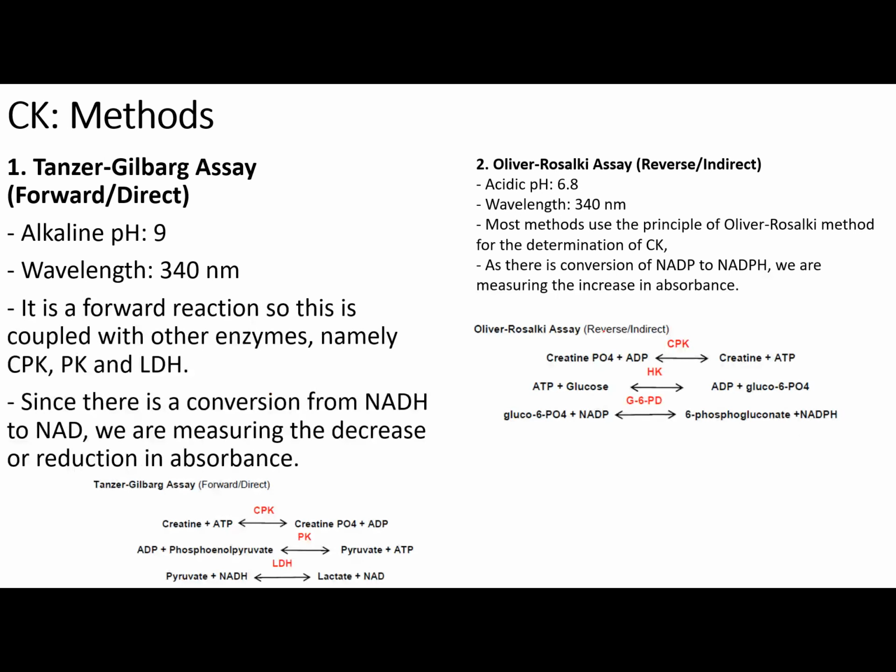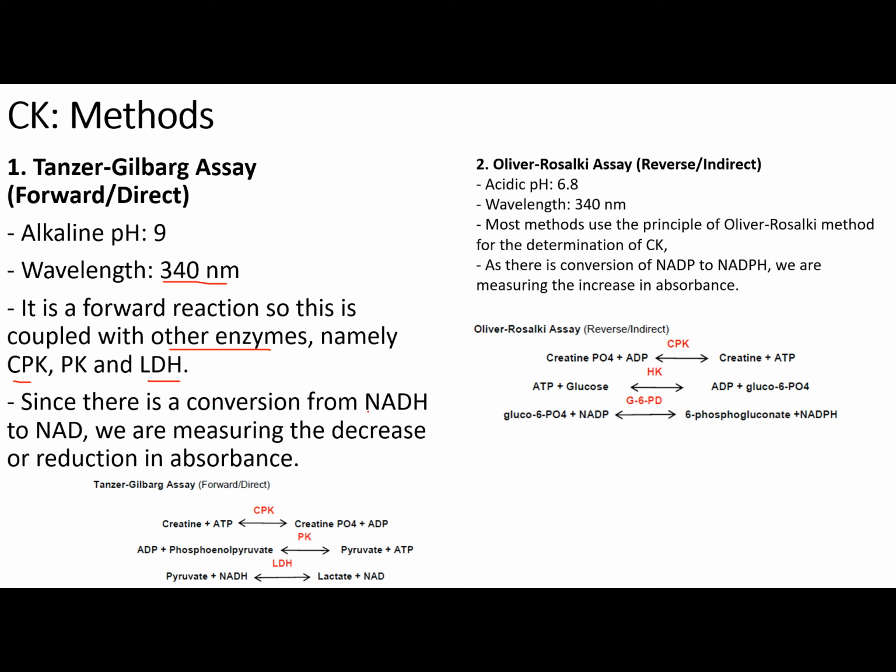Now, what are the methods for your CK? So we have your Tanzer-Gilbert assay. Now, Tanzer-Gilbert assay is a forward or direct method set at an alkaline pH of 9, wavelength of 340 nanometers. It is a forward reaction, so this is coupled with other enzymes, namely CPK, creatine phosphokinase, and LDH.